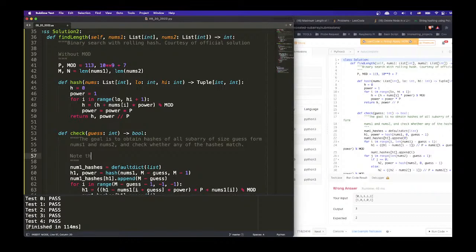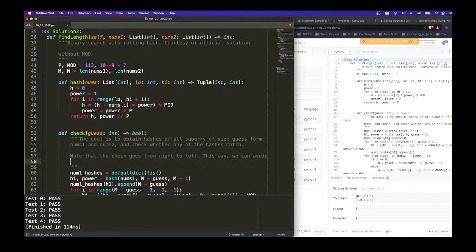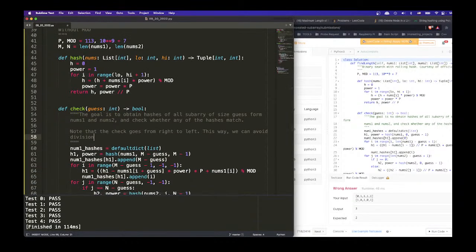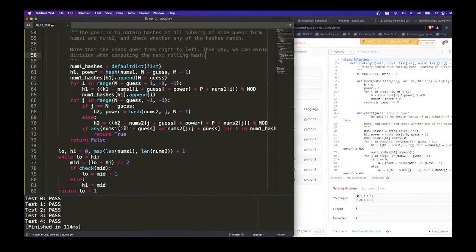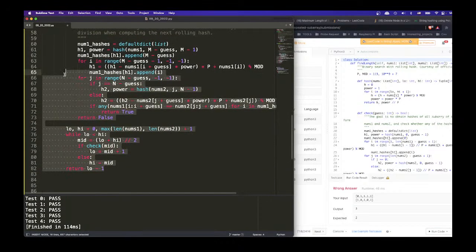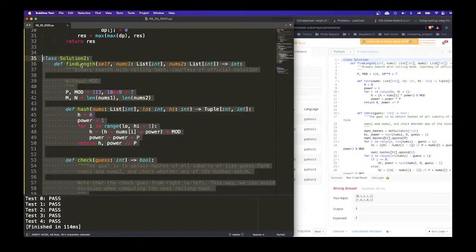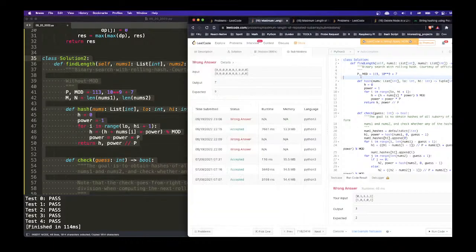Note that the check goes from right to left. This way we can avoid division when computing the next rolling hash. Alright, let's just get this done.